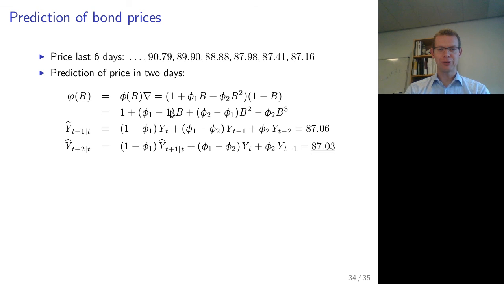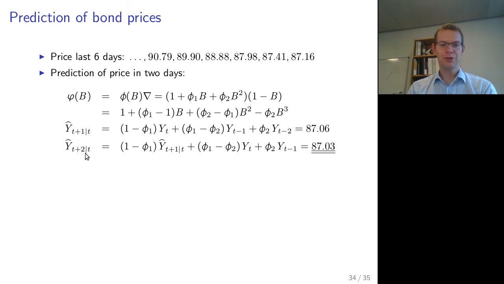You have this coefficient with opposite sign on y t, opposite sign again for y t minus 1, and opposite sign for y t minus 2, because we're looking relative to y t plus 1, so that corresponds to B to the third power. We can just insert everything here and get 87.06 when we also correct for the mean value.